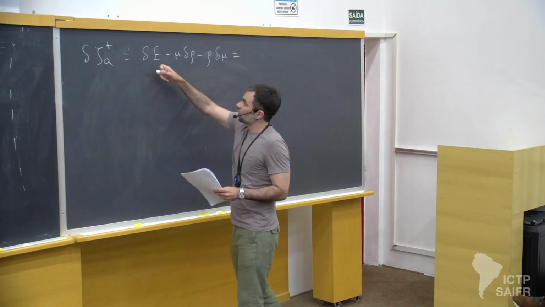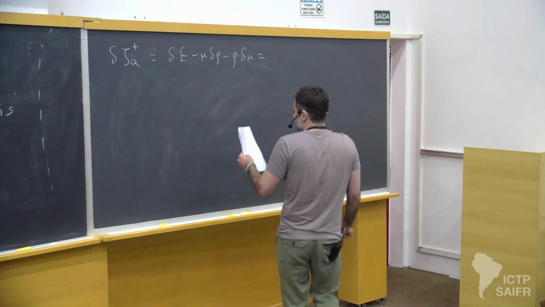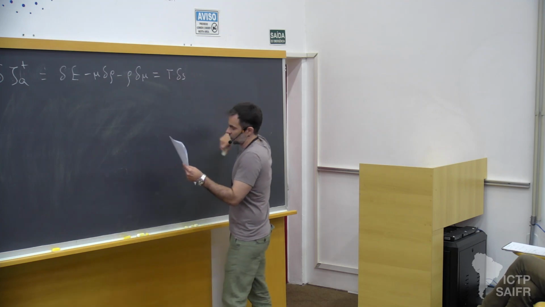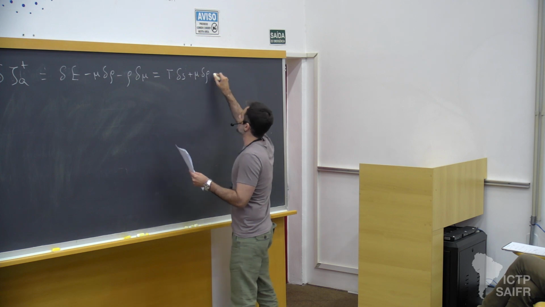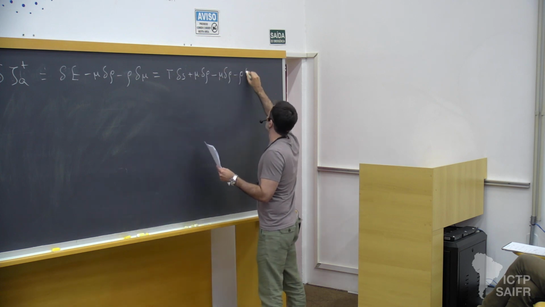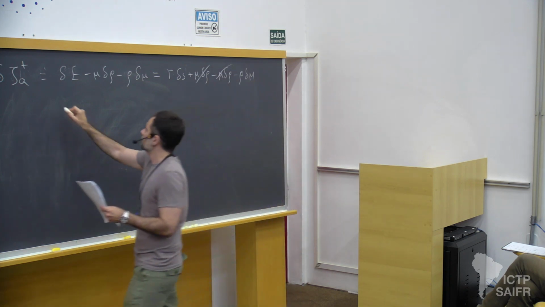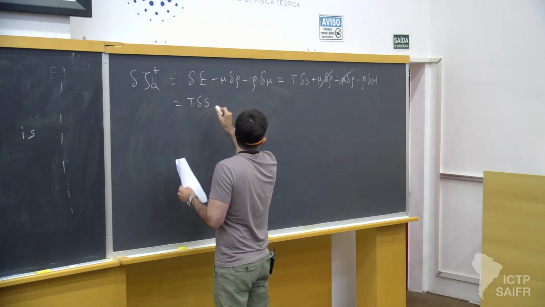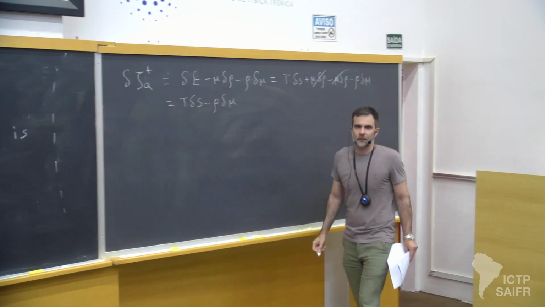I can use the first law of thermodynamics to write the variation of energy. And that will give me T delta S, where S is the entropy density, plus mu delta rho minus mu delta rho minus rho delta mu. So these two guys are going to cancel out. And so a variation of the time component will give me this. Okay?